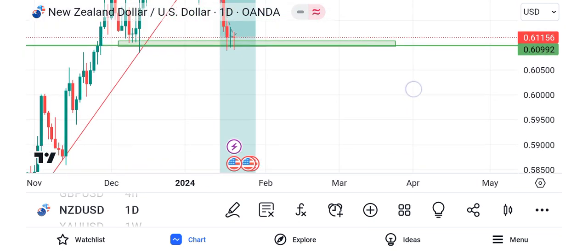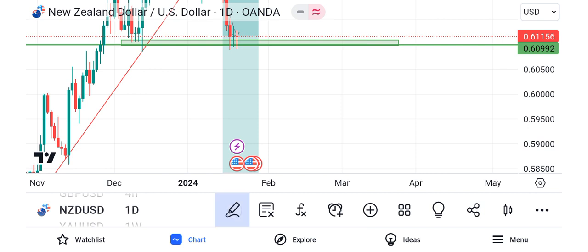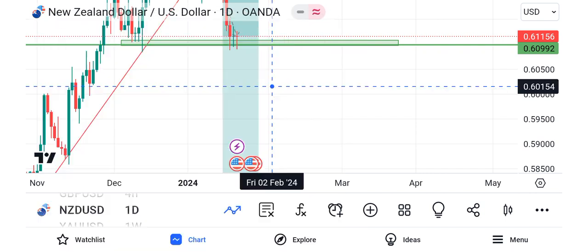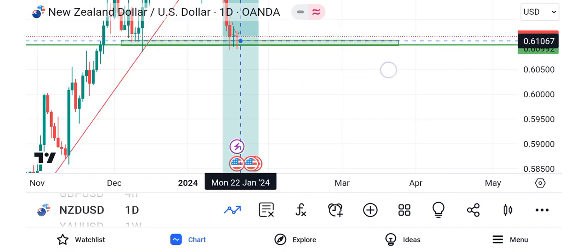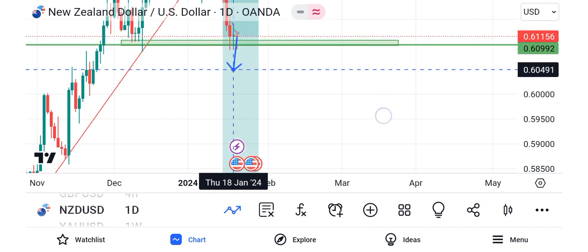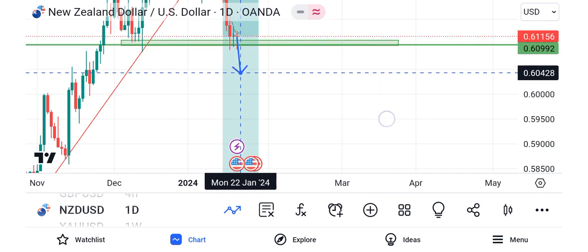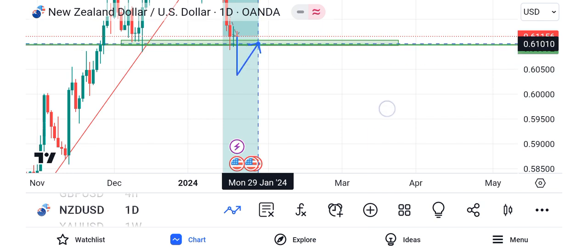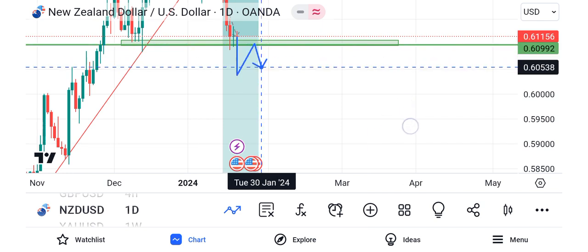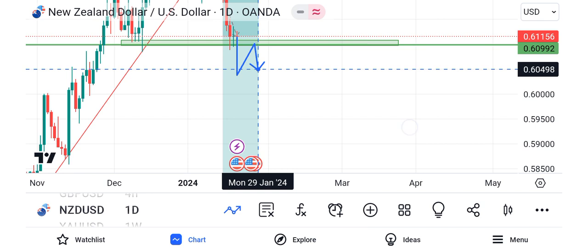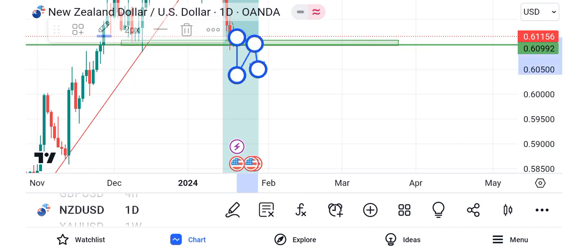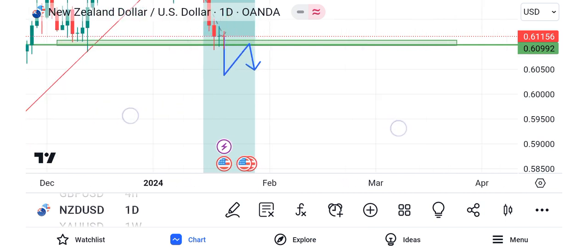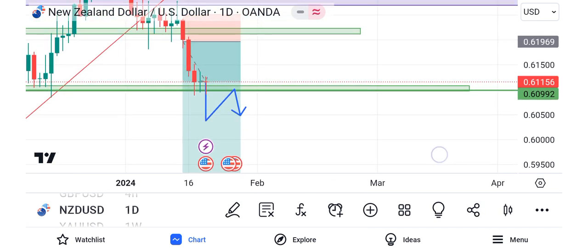So we'll wait for it to break this zone, all the way from here, let it break, then it will retest back to this zone, then drop off that zone with a very bearish engulfing candle, then I will sell from there, guys. This is what I want to happen on this trade right here, so I can be able to enter the sell trade.